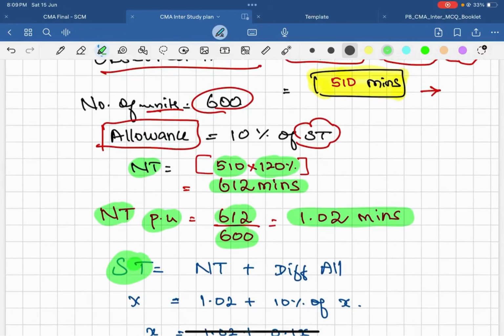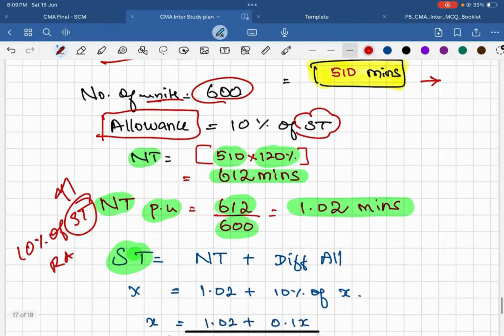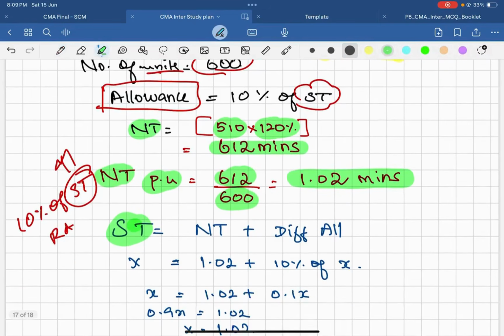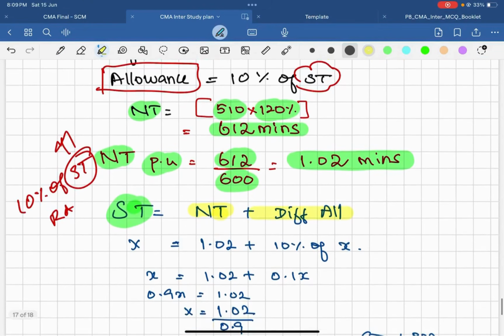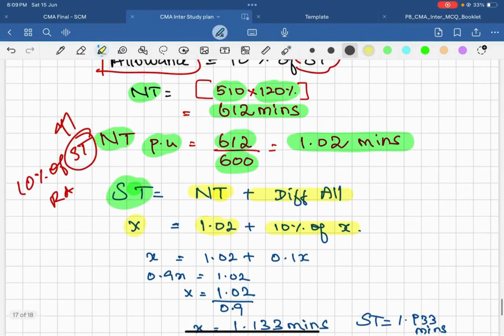They said 10% of the standard time is the relaxation allowance. I need to find out the standard time, so it is a reverse calculation. First, standard time is equal to normal time plus allowances. So I will take standard time as X because I don't know it. Normal time is 1.02 minutes. 10% of X, that is 10% of the standard time, is given as the relaxation allowance.